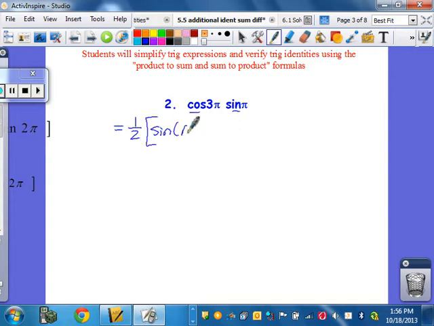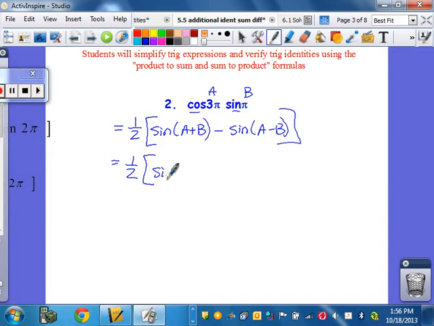Sine of a plus b minus the sine of a minus b. All right, and I know that 3 pi is a and 1 pi is b. If I just plug this in, I end up getting 1/2 of the sine of 3 pi plus a pi, minus the sine of 3 pi minus a pi.